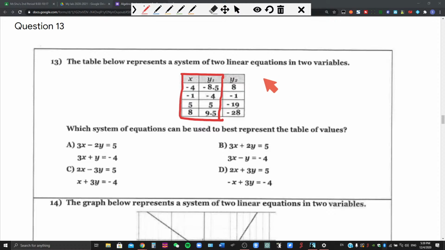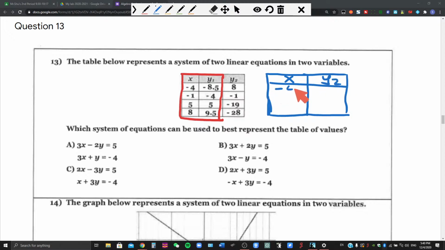Well, we can separate them into two tables. One is the one in red, the other one, it's going to be the x and the y2.